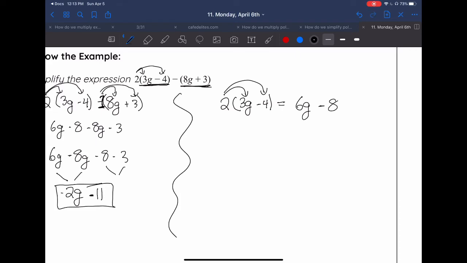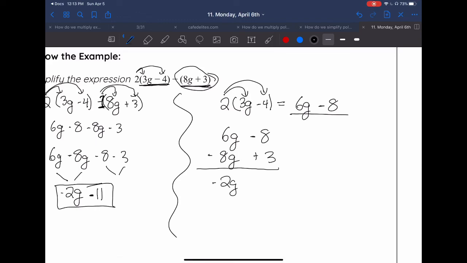But now what I can do is line up this term with the other one in parentheses. So I can line up 6g minus 8g, and then subtract 8g plus 3 from that. Let's make sure we get the right answer. 6g minus 8g is -2g, and then -8 minus a +3 is -11, and I still get the same exact answer.